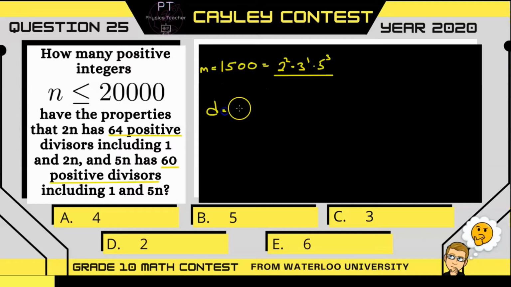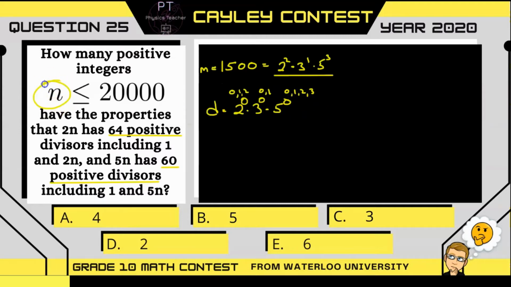So in this case, it would be 2, 3, and 5. Now the exponent would have to be either equal to or less than the exponent that you see in m. So this one could be either 0, 1, or 2. This one could be 0 or 1, and this one could be 0, 1, 2, or 3.